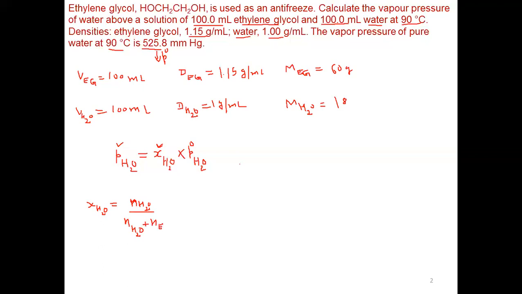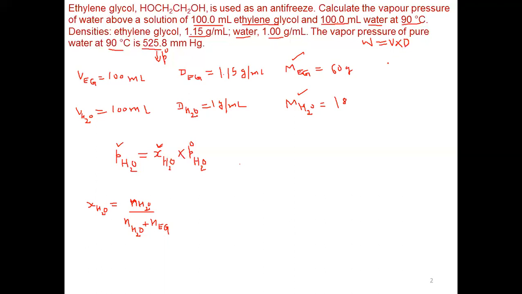In order to calculate the number of moles, we need the molecular weight, which we have, and we need to know the weight of the two components used to prepare the solution. We are given the volume and density, so we can easily calculate weight by the formula: weight is equal to volume into density, because density is mass per unit volume.